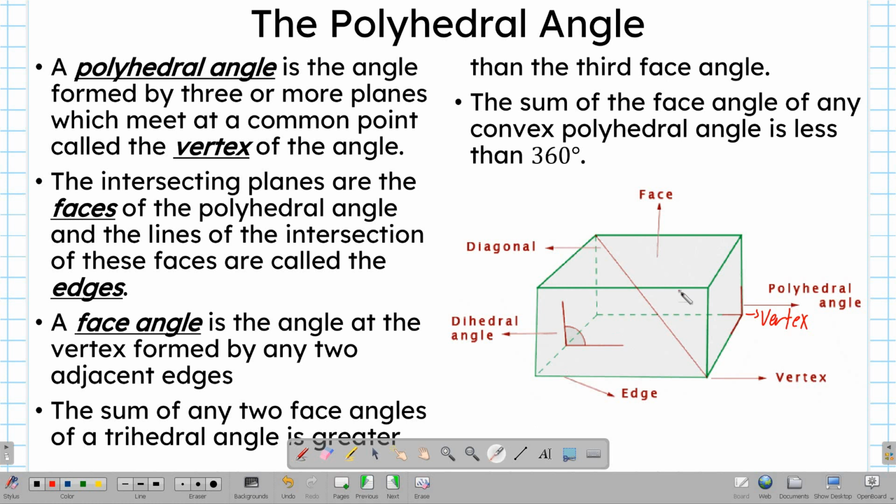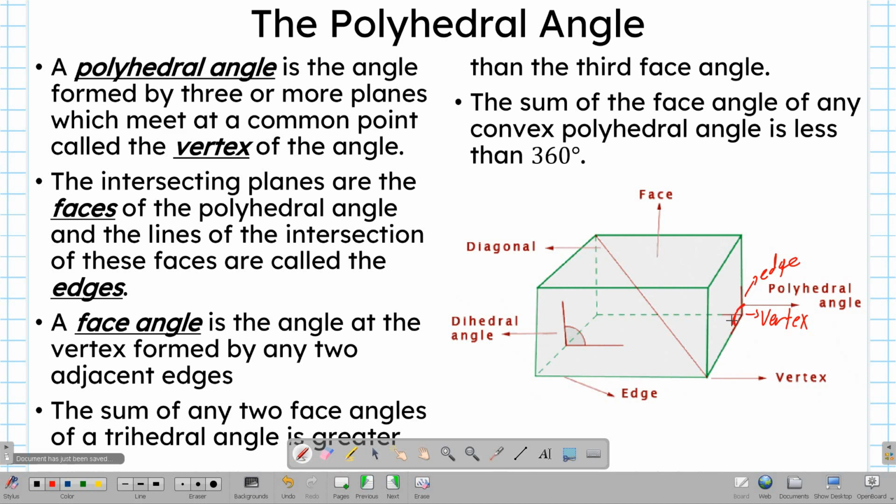So in this case, this is the vertex of the polyhedral angle. The intersecting planes are what we call the faces of the polyhedral angle, and the lines here are what we call the edges. And then the face angle is the angle at the vertex formed by any two adjacent edges. So, for example, this angle down below is a face angle.